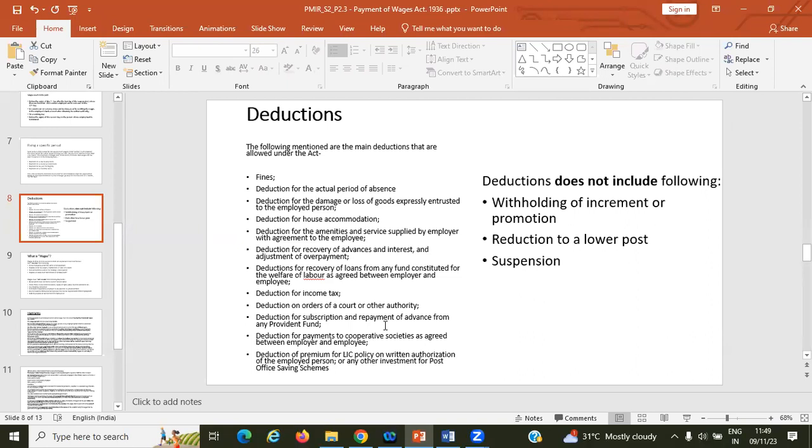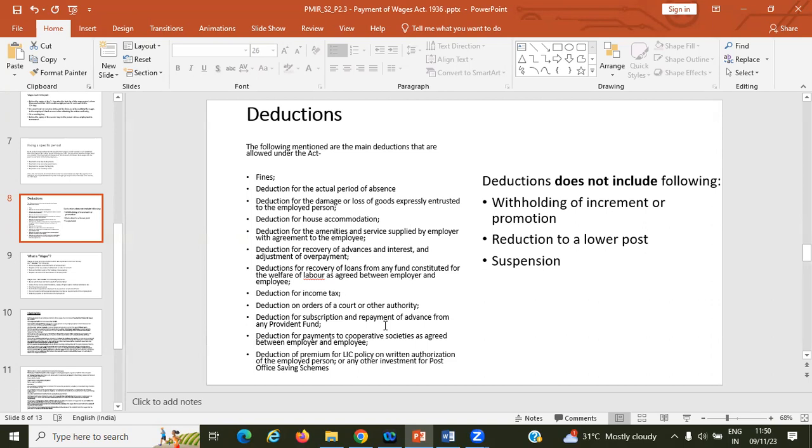Withholding an increment of promotion. Suppose you are told that if you are promoted to so and so position, you will be getting one increment.